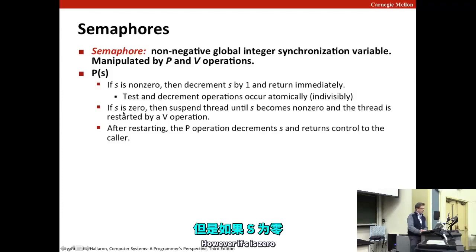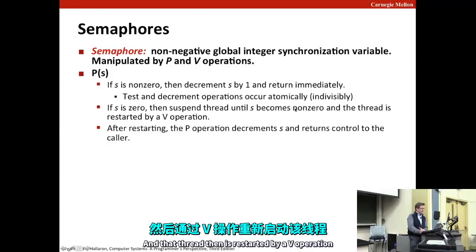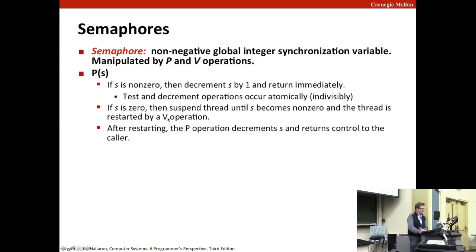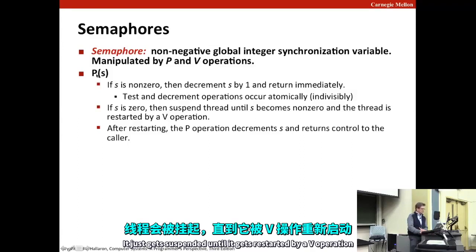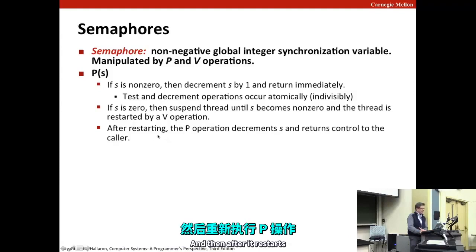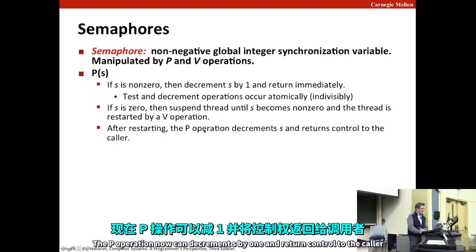However, if S is 0, then suspend this thread until S becomes non-zero, and that thread then is restarted by a V operation. So if the semaphore is 0, P just blocks. It just gets suspended until it gets restarted by a V operation. And then after it restarts, the P operation now can decrement S by 1 and return control to the caller.